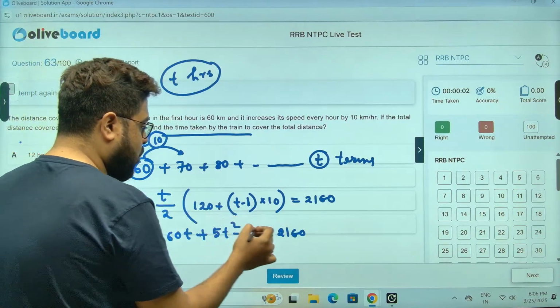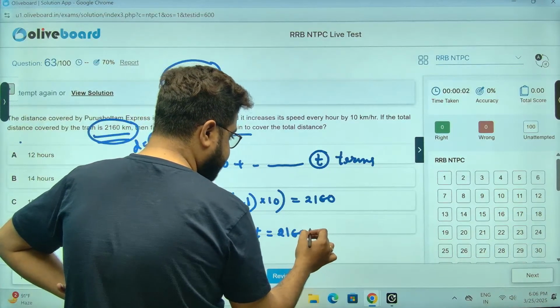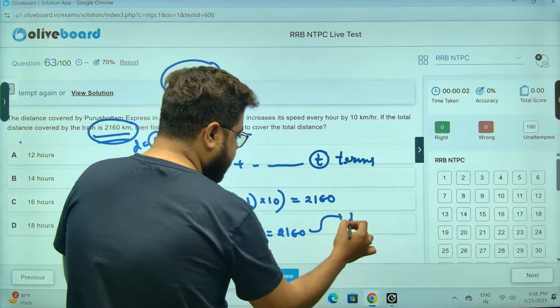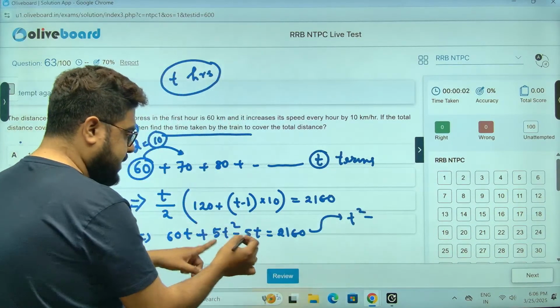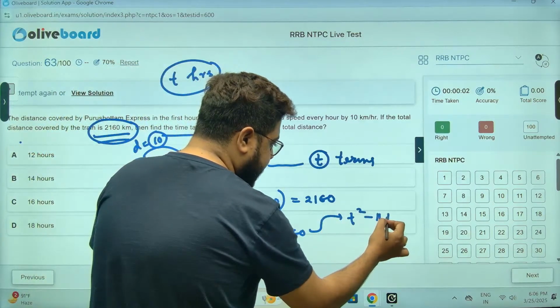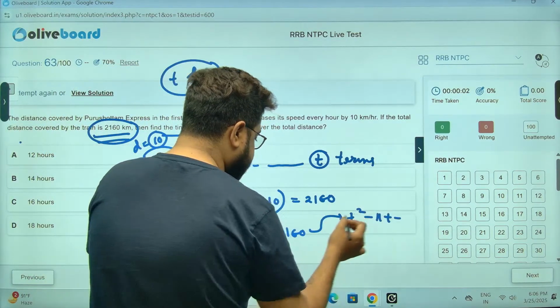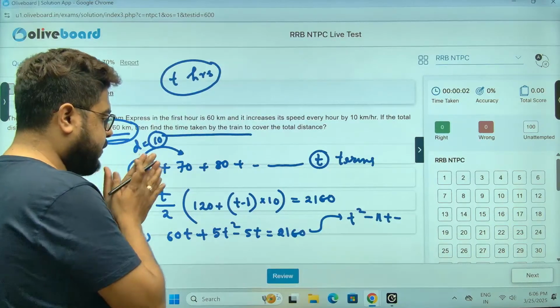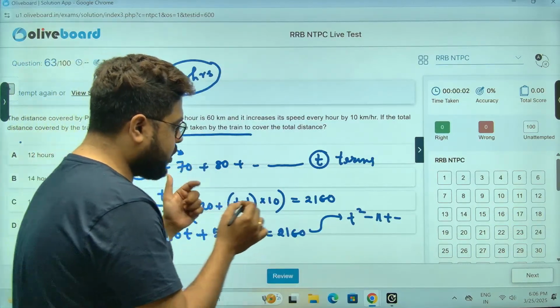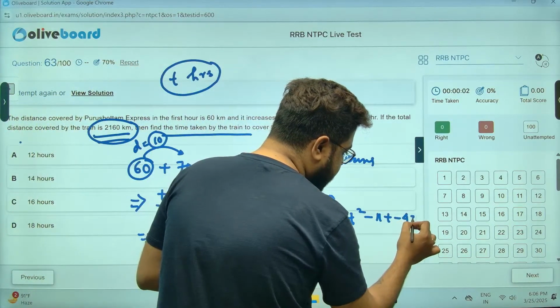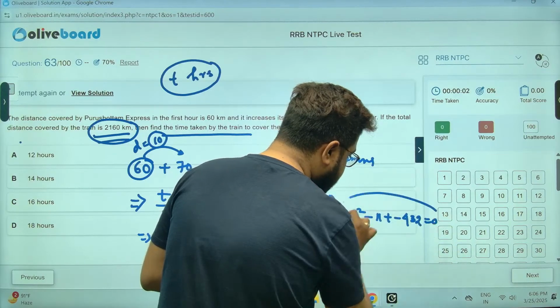I can take 5 common and cancel. Then t square, 60 minus 5 is 55, it becomes 11t, minus, divided by 5, twice 432, equal to 0.